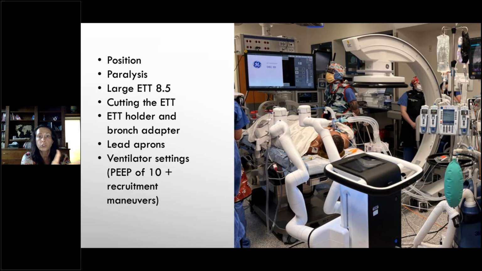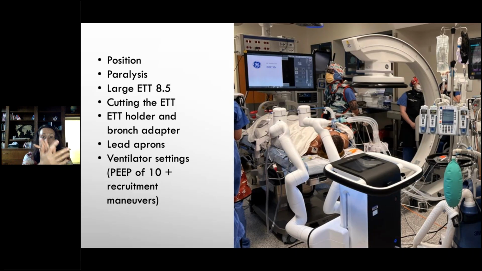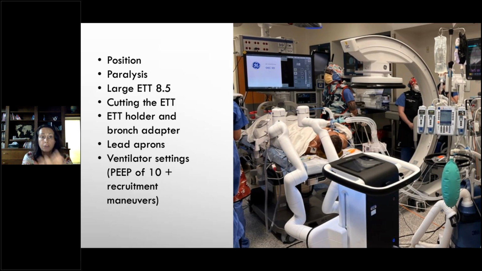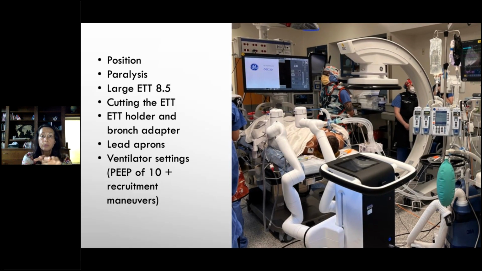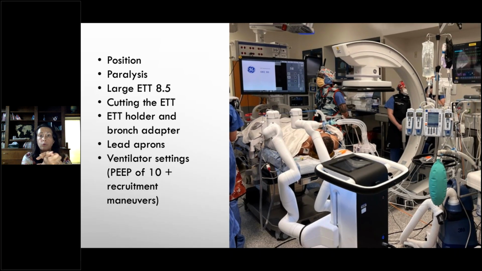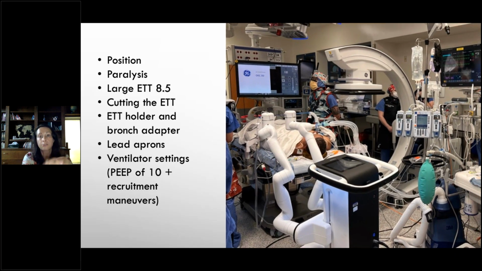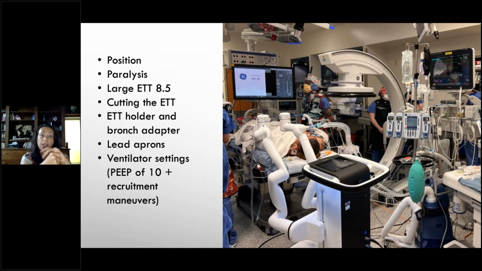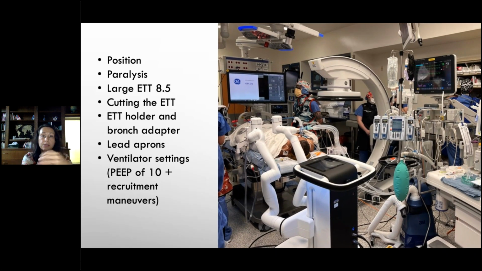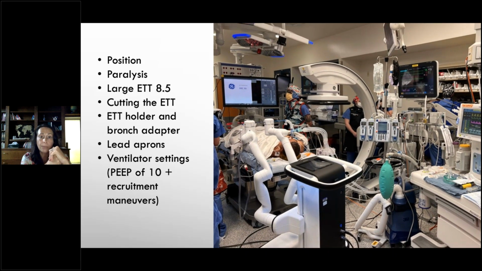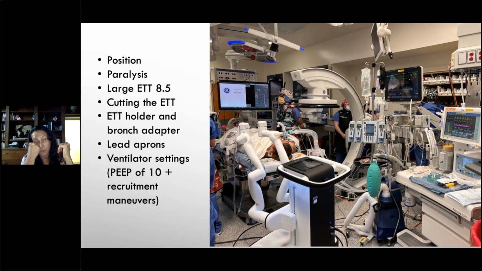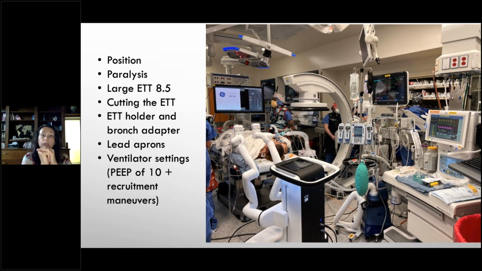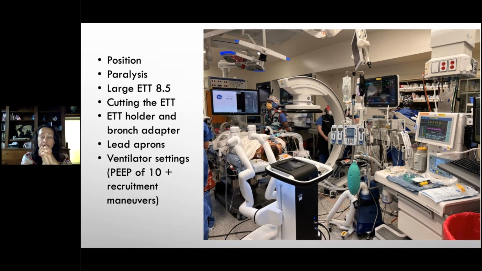So there's much more chance of developing atelectasis in that case. But despite anything, 10 of PEEP with the recruitment maneuver has shown that it drastically decreased the incidence of atelectasis, and atelectasis can decrease the possibility of the radial scope to see the tumors very well. So this is the current recommendation.